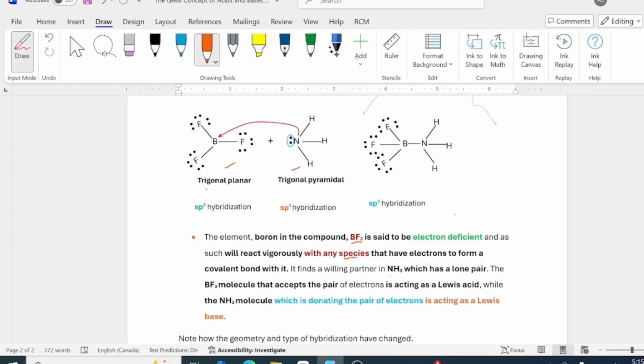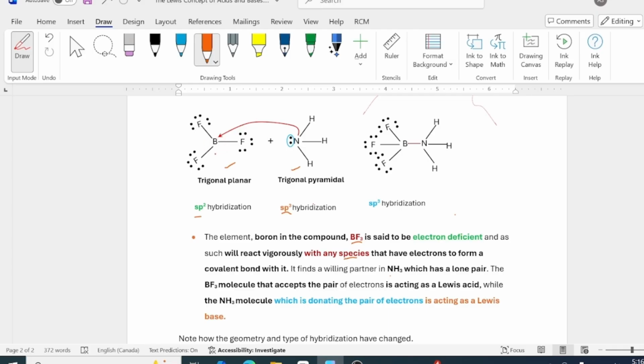Recall that it has a trigonal planar molecular geometry, and the boron atom undergoes sp2 type of hybridization. The ammonia molecule has a trigonal pyramidal geometry, and the nitrogen atom is sp3 hybridized. In this case, it is the nitrogen atom in the ammonia molecule that is donating the electron pair to the boron atom in the boron trifluoride molecule.